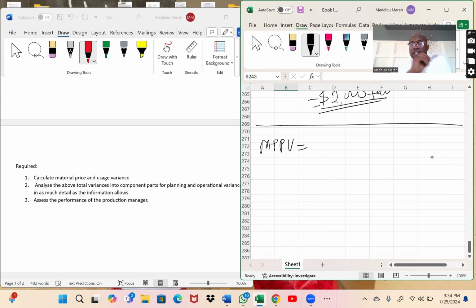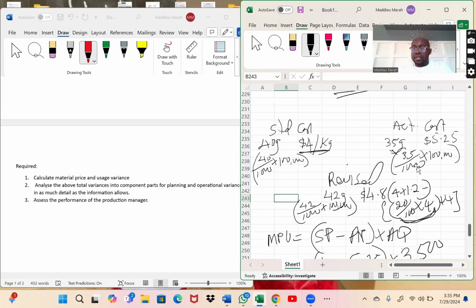Material price planning variance. So with this one, we are looking at our standard price minus revised standard price multiplied by, let's use this again, revised quantity. Our standard price 4 minus our revised standard price. We had a table already that we set.